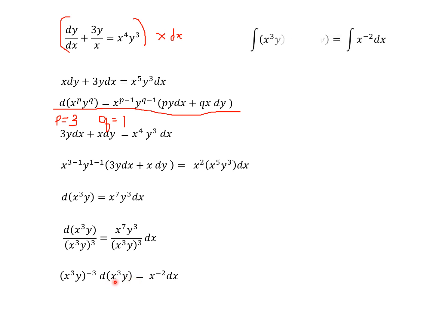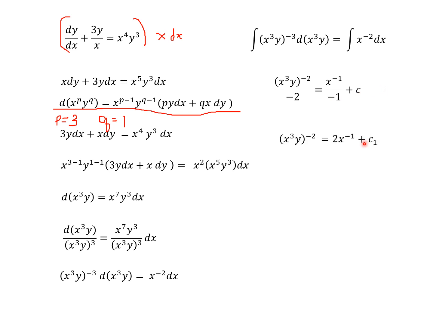So that's the time that we can integrate right away. The integral of x cubed y to the negative 3 derivative of x cubed y is the integral of x to the negative 2 dx. And then we can now integrate, that's just add 1, x cubed y to the negative 3 plus 1, it's negative 2 over negative 2 is equal to x to the negative 1 over negative 1 plus c.